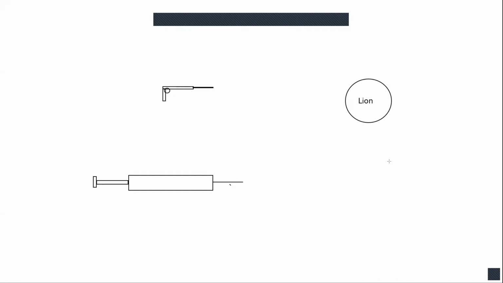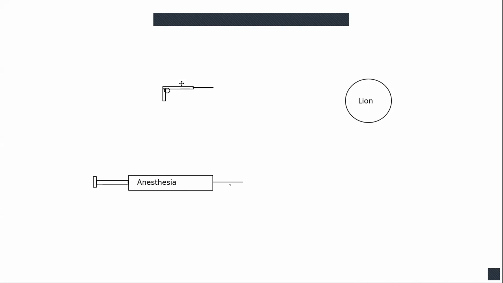Basically, this is a tranquilizer. Over here, you will have anesthesia. This syringe is the zoom picture of this one. So you will be having anesthesia inside this syringe.